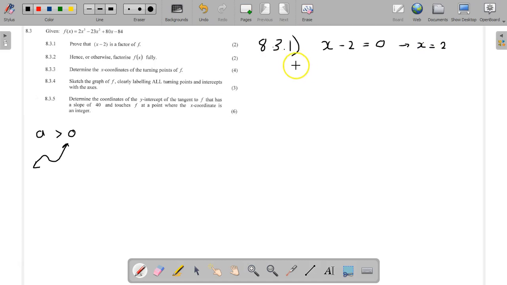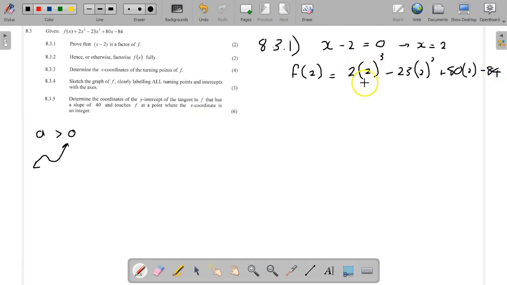So what I'm going to do is work out f at 2. If I plug that in, wherever I see x, I plug in 2. So that becomes 2 times 2 cubed minus 2 times 2 squared plus 80 times 2 minus 84.